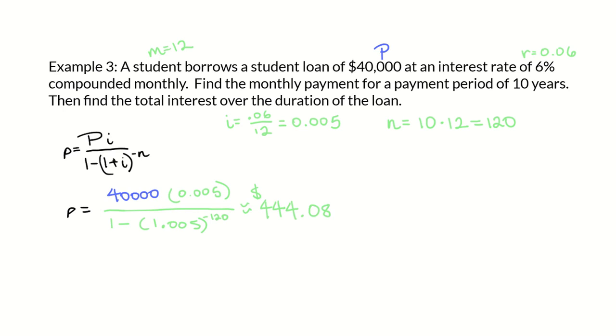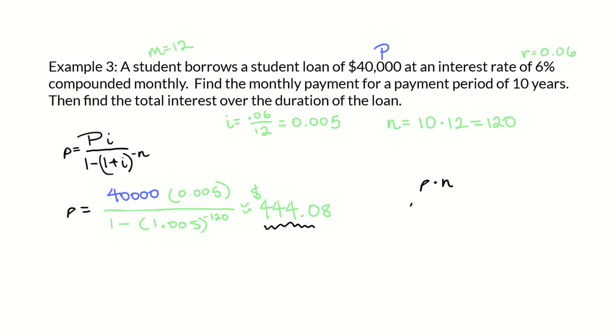Now if we want to find the total interest over the duration of the loan, we're going to calculate the total amount that was paid and then subtract the loan amount. So the total amount that was paid would be this payment amount multiplied by the number of times it was paid.